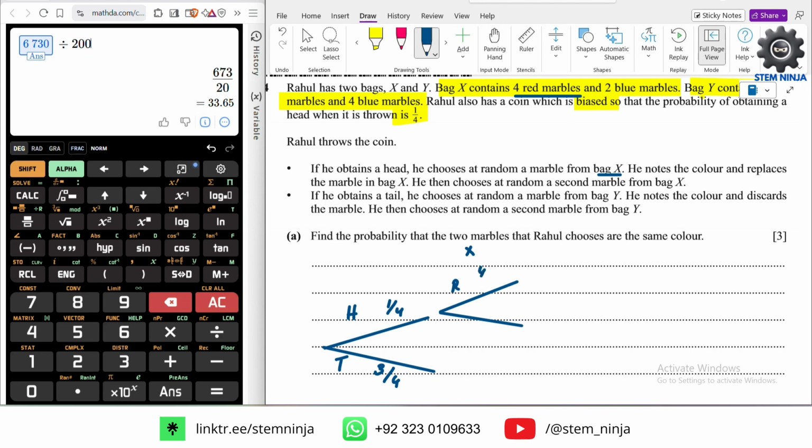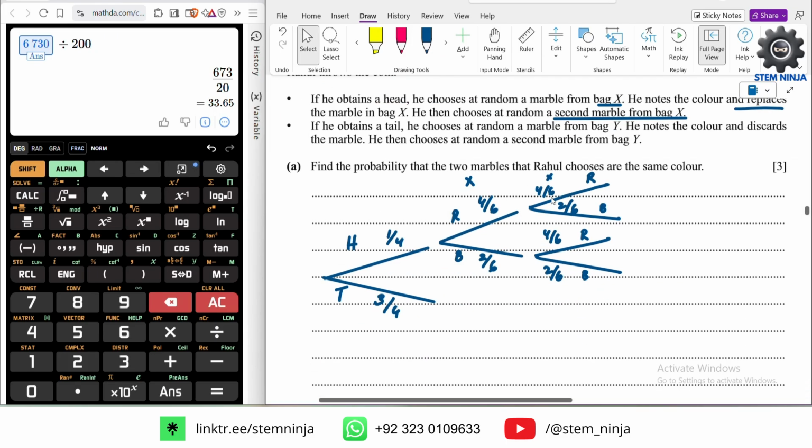So red is 4/6, blue is 2/6. Then he replaces it and chooses a random second marble from bag X. So you see, he is replacing it, so the second time would also be identical because he is replacing it. So 4/6, 2/6, 4/6, 2/6.